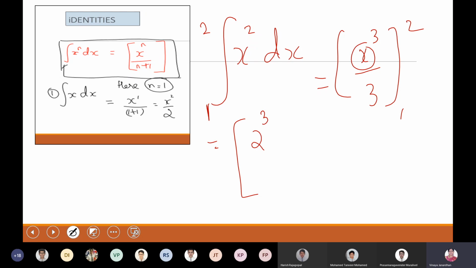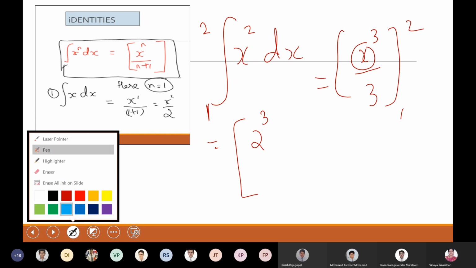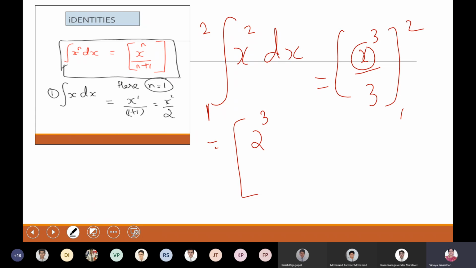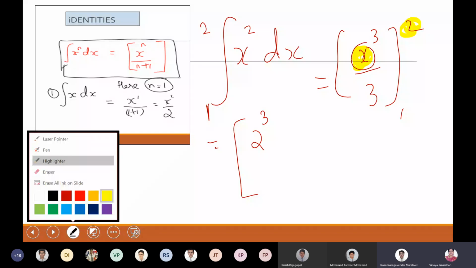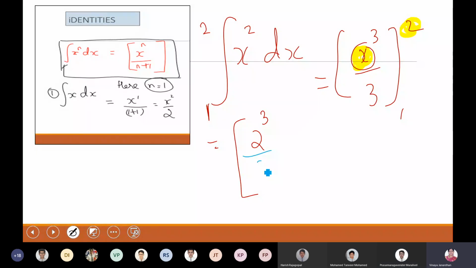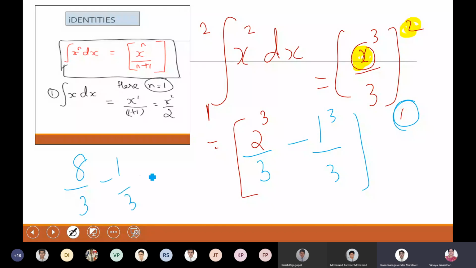Okay, 2 cube by 3 minus, now it will take the lower limit value 1, so 1 cube by 3. So that becomes 8 by 3 minus 1 by 3, that is 7 by 3. This is how you evaluate. Basic things I have finished.